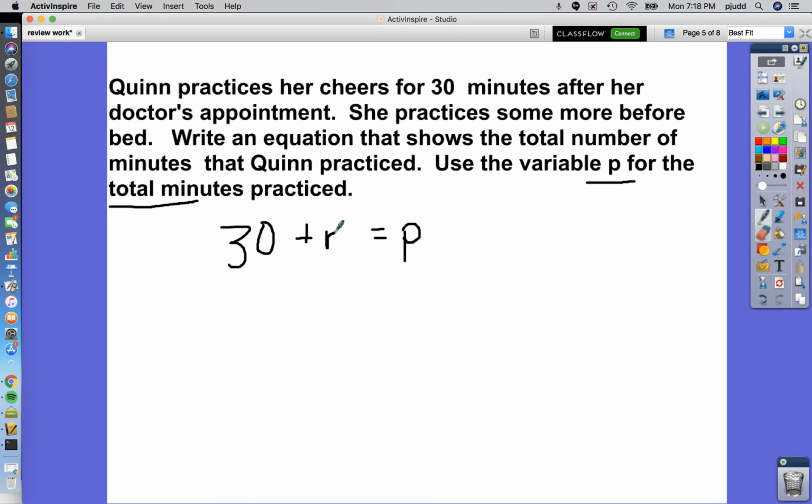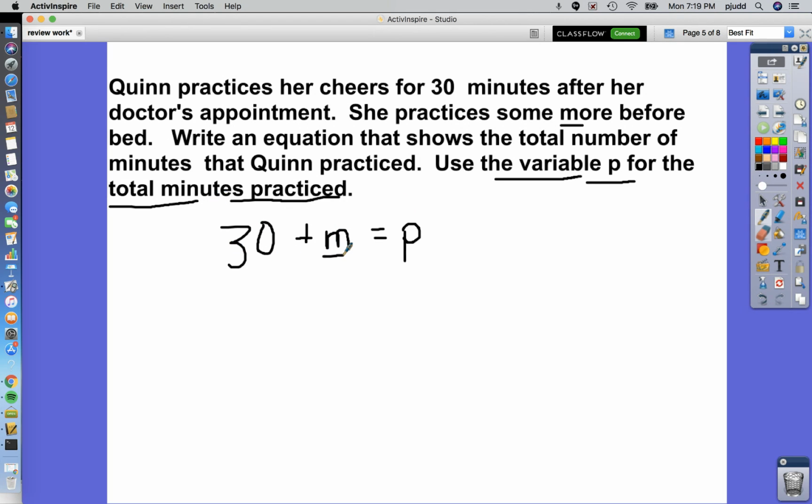So I'm going to put M here for more practice. She practiced 30 minutes. She practiced some more before she went to bed. So M is going to be for the more practice. And this tells me to use P for the total minutes practiced. So I don't want to keep these two variables the same because this represents total number of minutes.